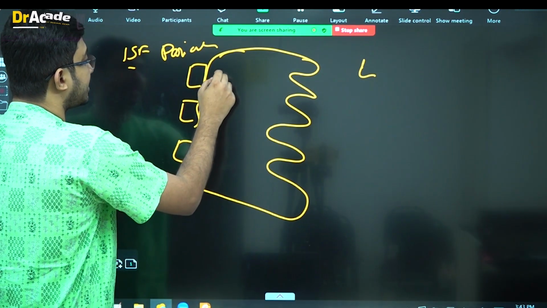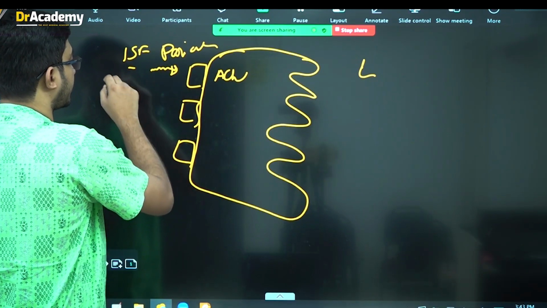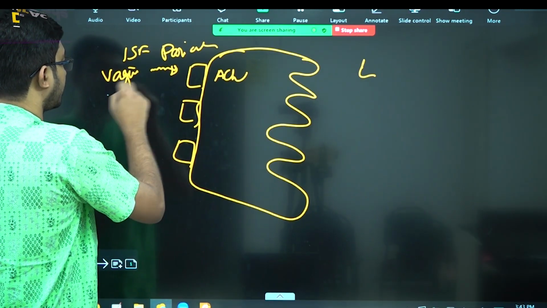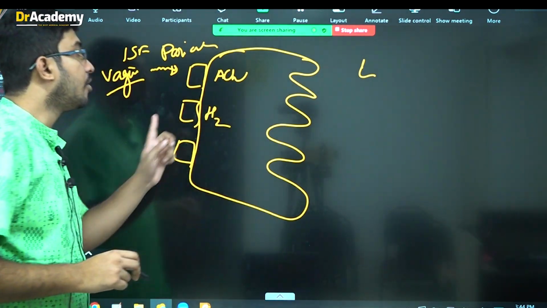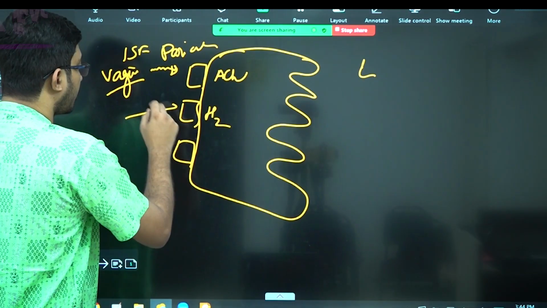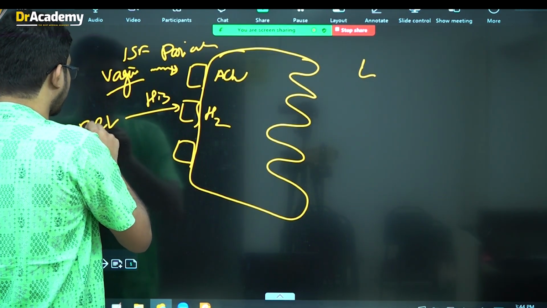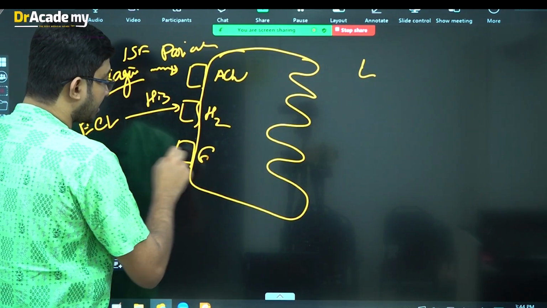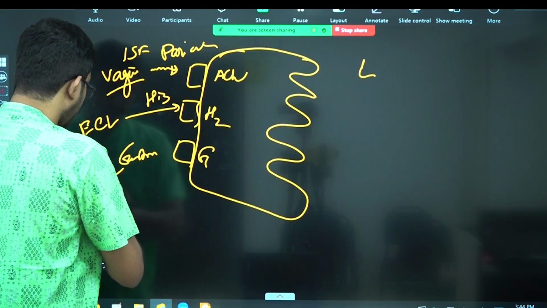One is the acetylcholine receptor, and it responds to vagus, that is parasympathetic stimulation. Another receptor is known as the H2 receptor for histamine. That histamine is released from enterochromaffin-like cells. And the third one is the gastrin receptor, and it binds with the gastrin released from G cells.